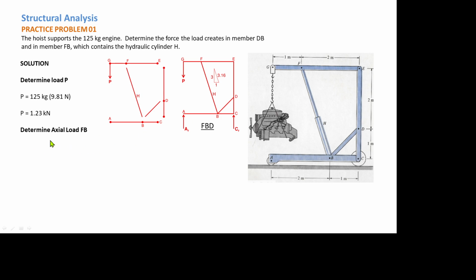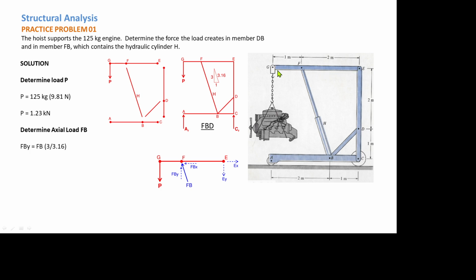Next one is to determine the axial load FB. So this is the load that we are going to determine. What is the axial load of this member FB? So to solve that, first of all, we need to separate this member.